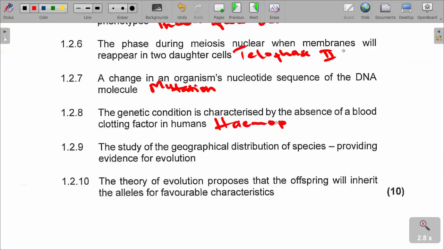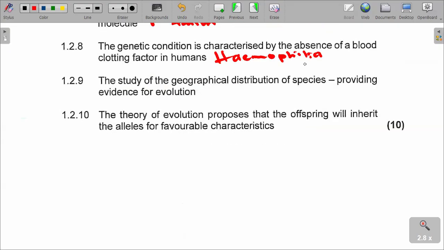It's called haemophilia, where the person cannot stop bleeding, or it takes long to stop bleeding, because the person has an absence of blood clotting factor.